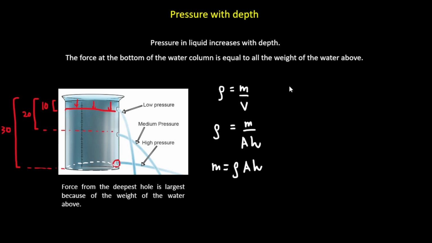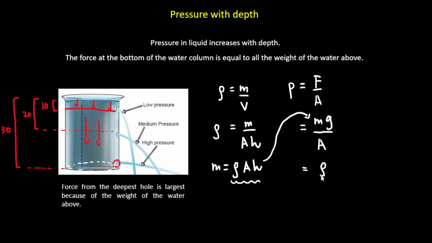And we know that P, which is pressure, is equal to F over A. So F, the force, for example the force of the water above, is actually the weight as well, and that's why F is equal to mg, so P is mg divided by A. Let's substitute mass from here into this part.